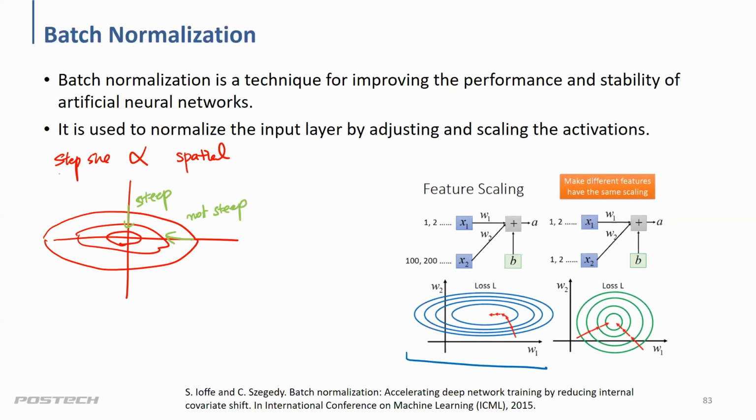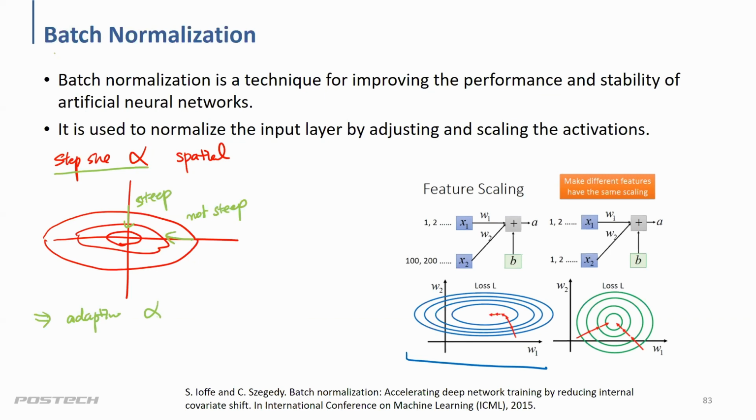So having the same step size in all directions is problematic. That's why an adaptive alpha is better, you guys remember.